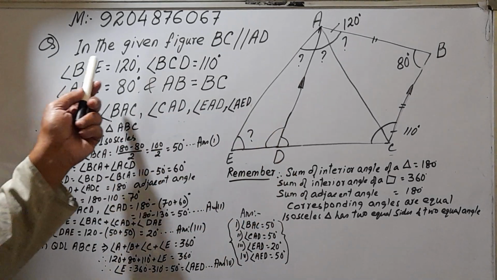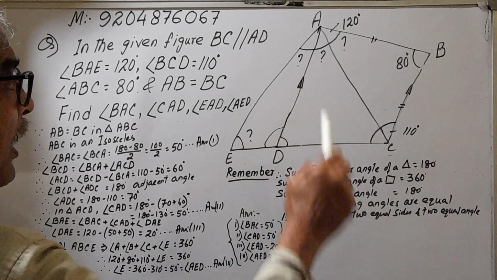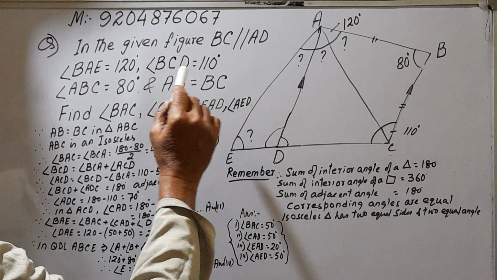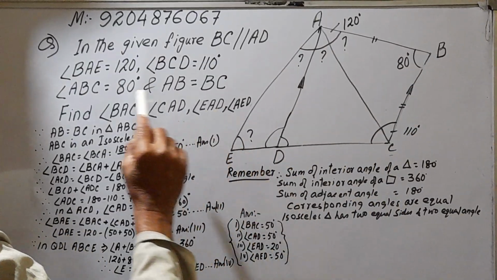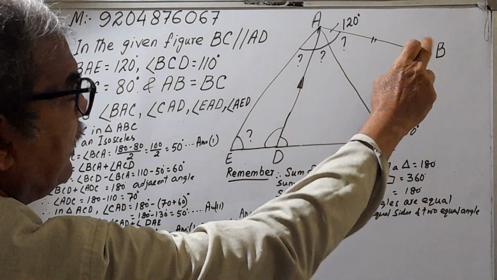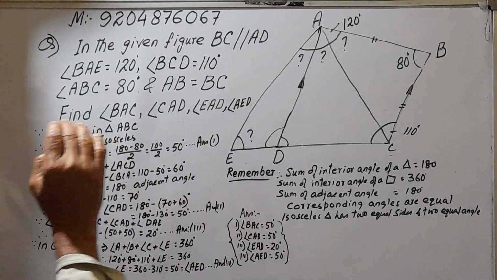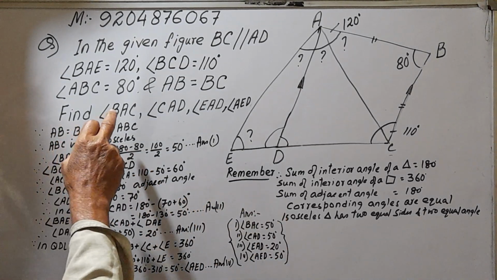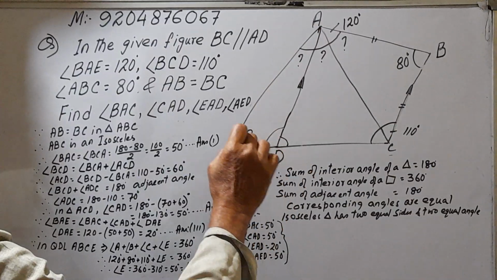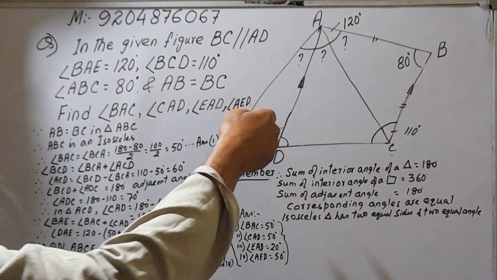The question is, in the given figure, BC is parallel to AD, angle BAE is 120 degrees, angle BCD is 110 degrees, angle ABC is 80 degrees. At the same time, AB is equal to BC. What is being asked? Angle BAC, CAD and EAD. I have marked them. This angle is missing, you have to find it.